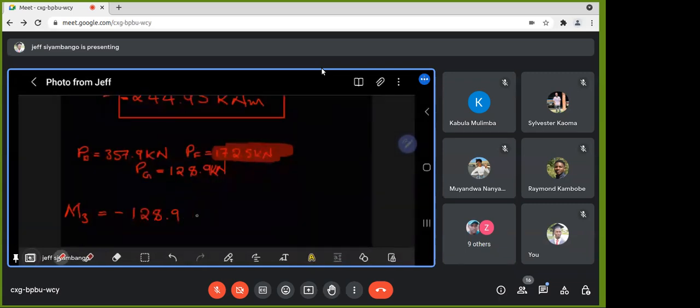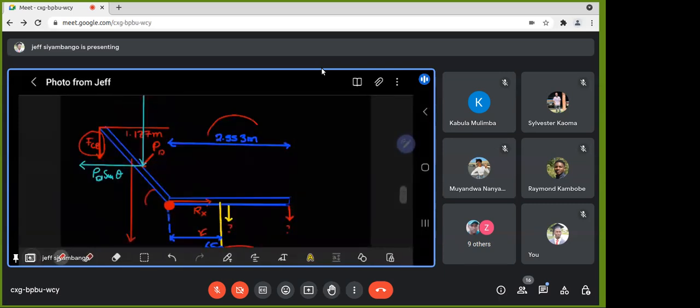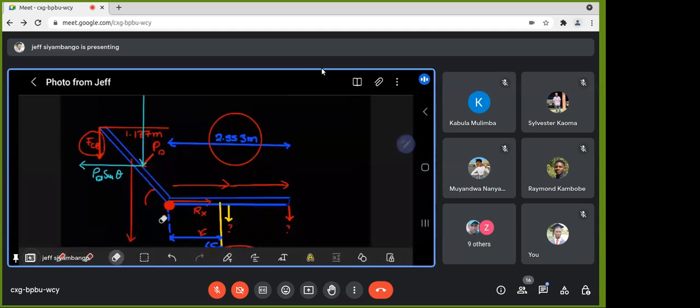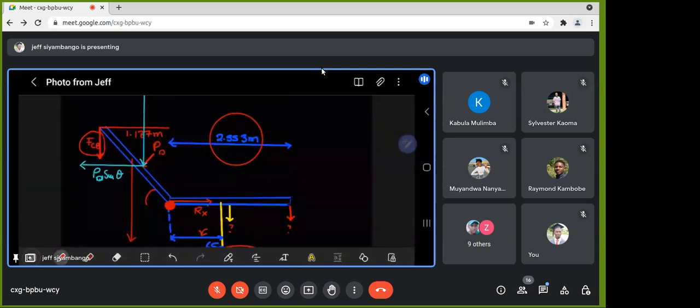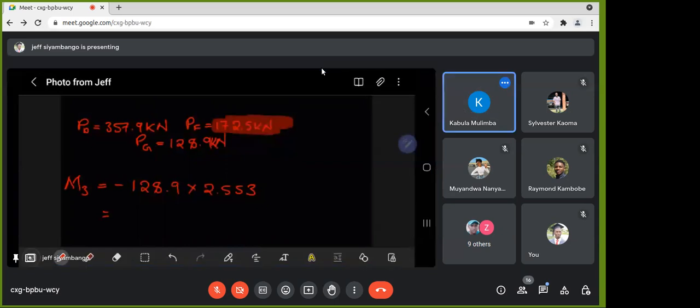But the distance, all the way from that pivot to the far end, we already calculated that distance. When we started, it was 2.553. Or if you want, you can still add the first one plus the second one there, so that you get the full distance there. So 2.553. So everything is set now.